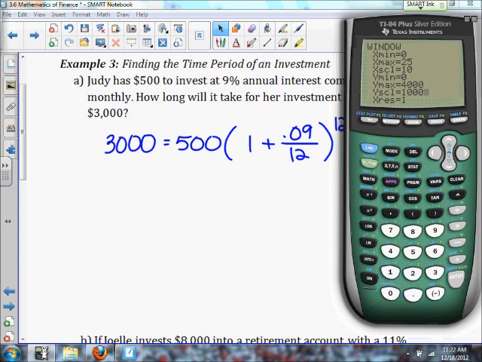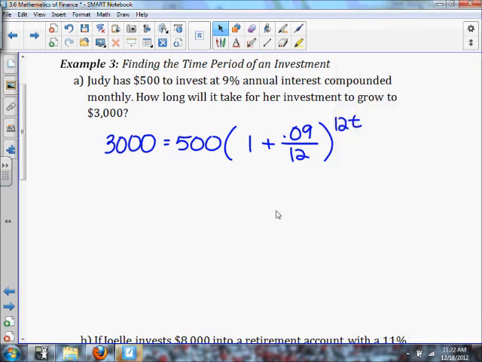All right, and this would be a good window to use, 0 to 25 and 0 to 4,000. So there's our 3,000. We want to find our intersection here. So about 19.98 years.